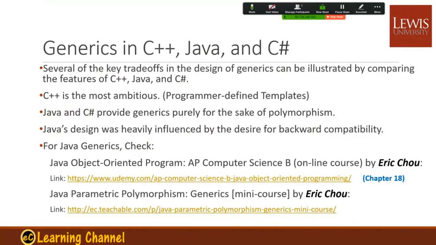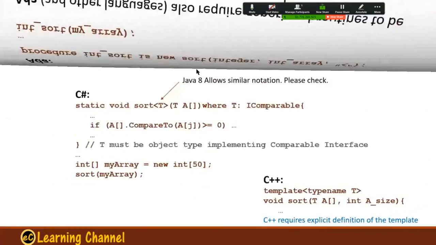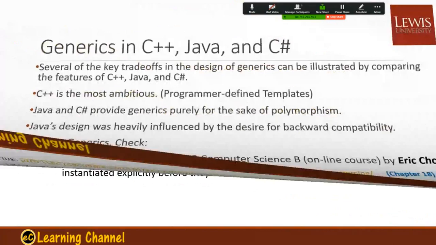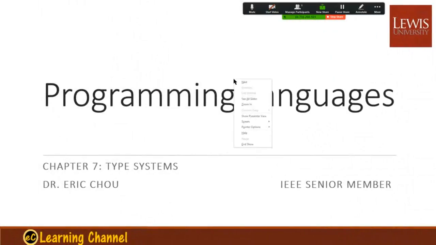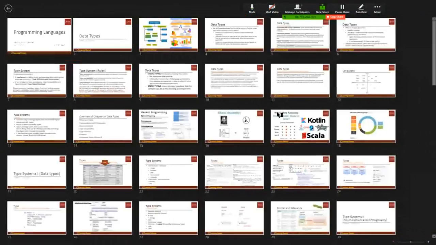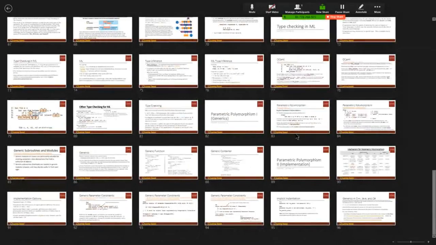Generics in C++, Java, and C#. Several of the key trade-offs in the design of generics can be illustrated by comparison of these three languages. C++ is the most ambitious. That means that they provide the most features for polymorphism.